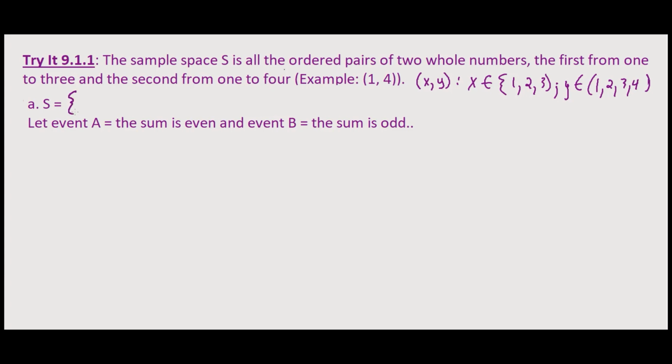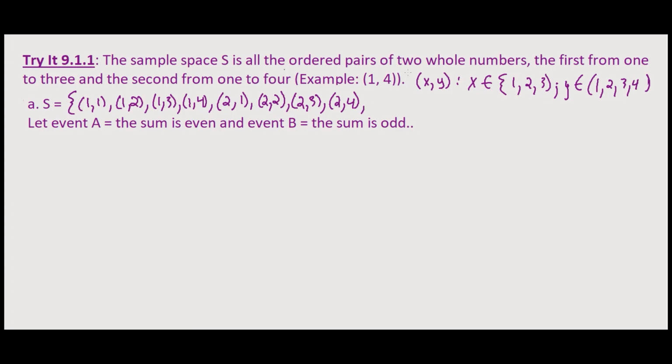So for our ordered pairs, we have (1, 1), (1, 2), (1, 3), (1, 4). Then we switch to x equals 2, so (2, 1), (2, 2), (2, 3), and (2, 4).